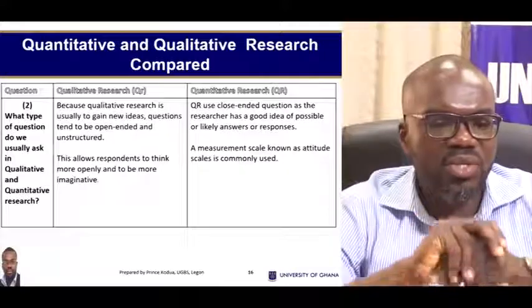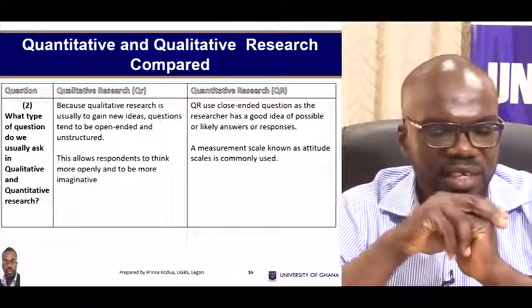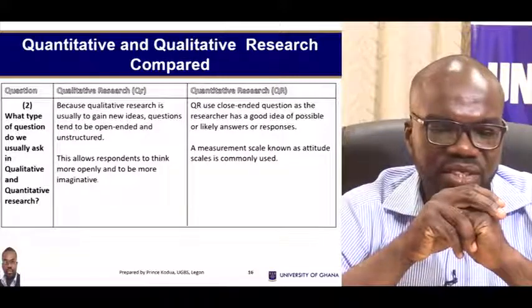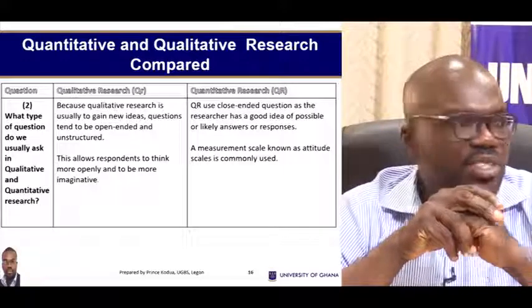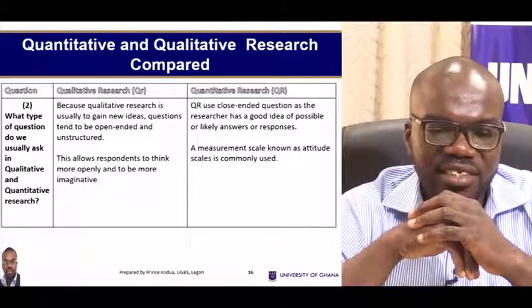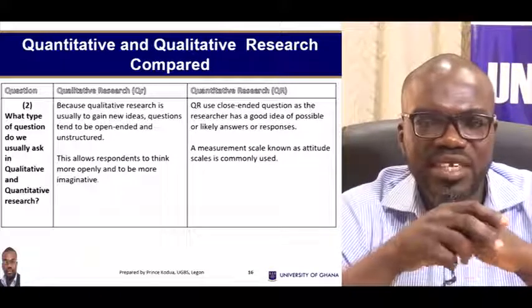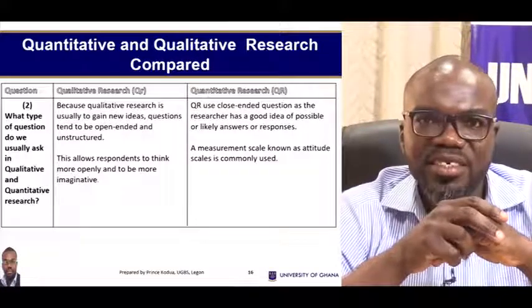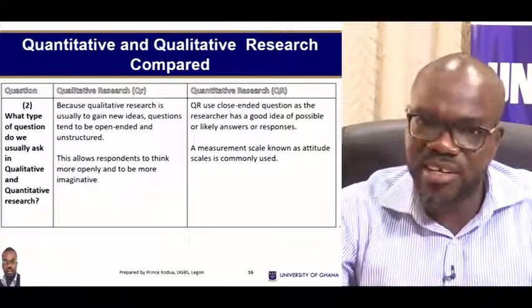The next question is, what type of questions do we usually ask in qualitative and quantitative research? For qualitative, because it's normally done to gain insight or to gain new ideas, the questions we ask tend to be open-ended because we are exploring, so we are not working in a box.